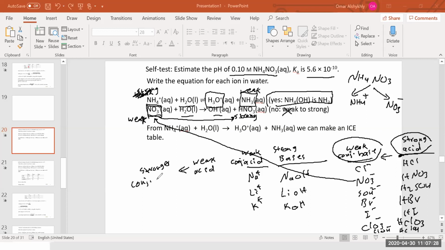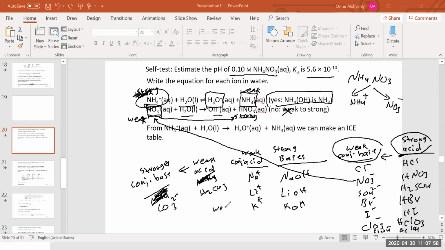That's why I decided NH4 positive is a little bit stronger. Sorry, this is acid. We are talking about acid. Like, for example, H2CO3 gives me CO3 2 negative, so it is a little bit stronger.